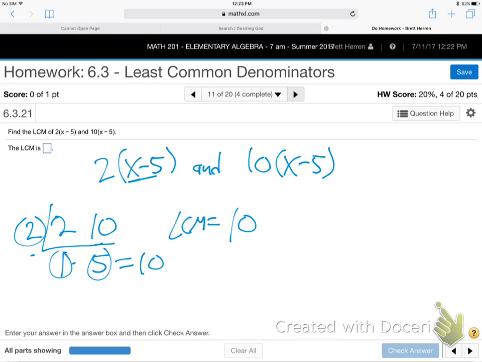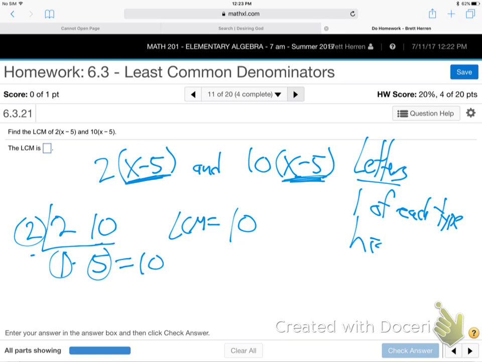What do you do with the x minus 5 thing? Well, that's a letter package. Remember they're glued together? Remember plus and minuses, Costco glue thing? So that's an x minus 5 package. And what do we do for letters? For letters, you take one of each type, highest. So I look at this, this is first power, this is first power, I just take one of them. I don't take them both.